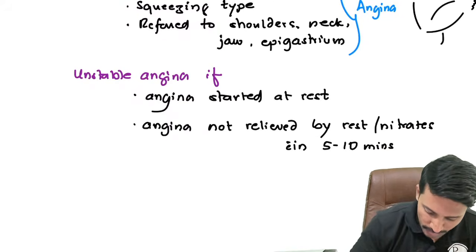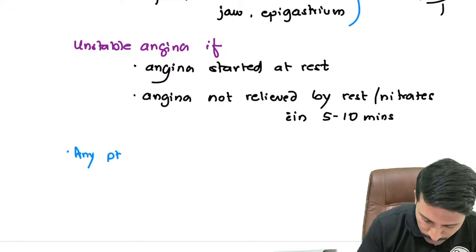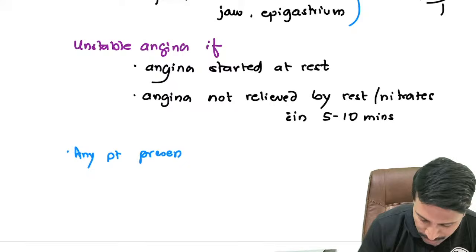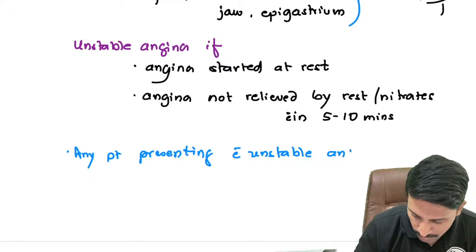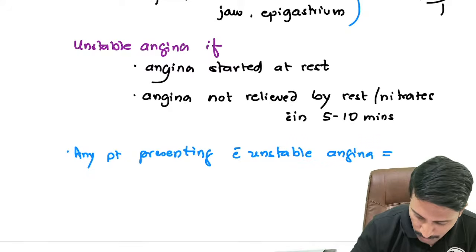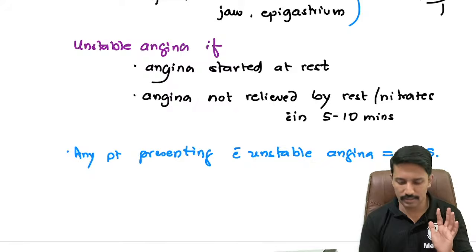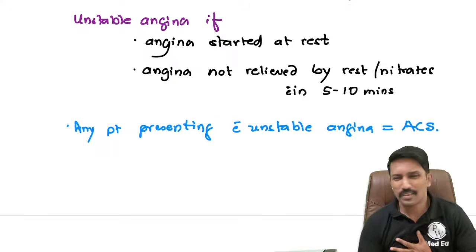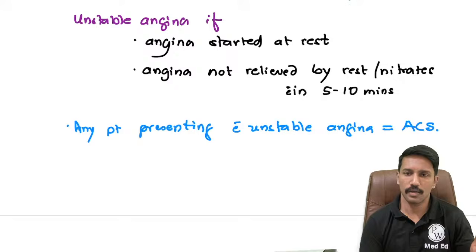Now, the point you have to write here is any patient presenting with unstable angina is equal to acute coronary syndrome. Anyone who says, sir, I was watching TV, suddenly I got retrosternal chest pain, it is unstable angina.